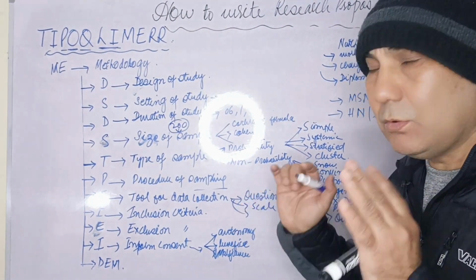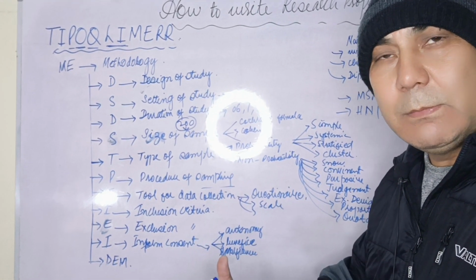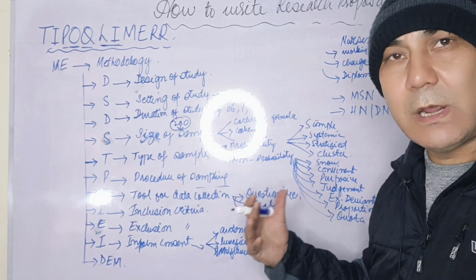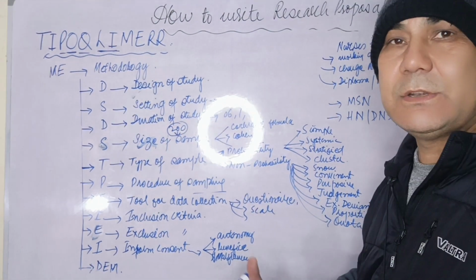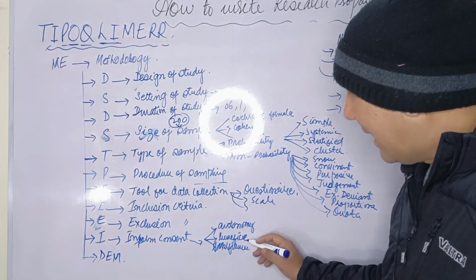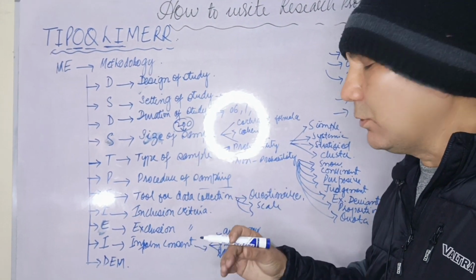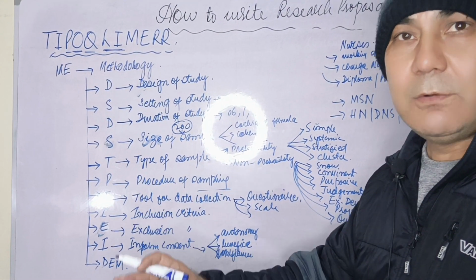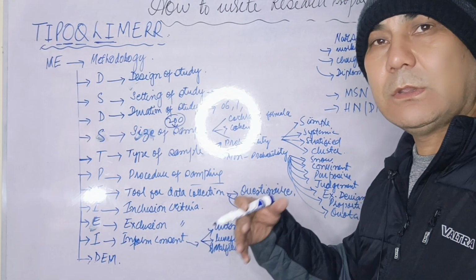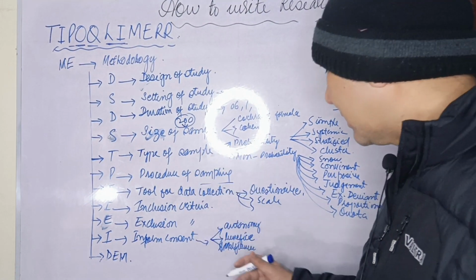You can say that you have autonomy, and you will participate voluntarily in my study. If you would not like to be part of this study, you can skip at any time, you can refuse. And regarding beneficence, by participating in this research project, it will give you benefit in the form of diagnostic or treatment benefit, and any benefit in the society or in your organization.